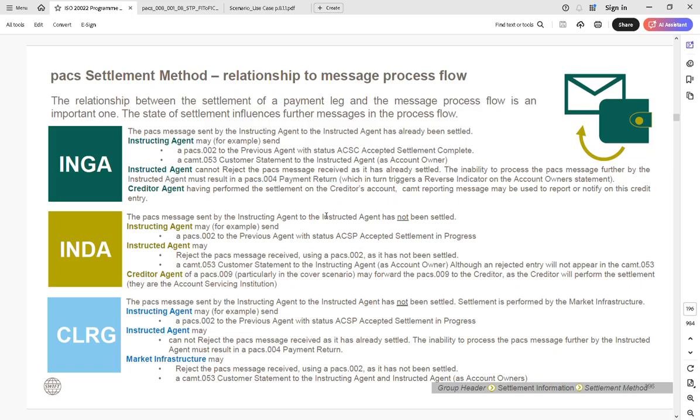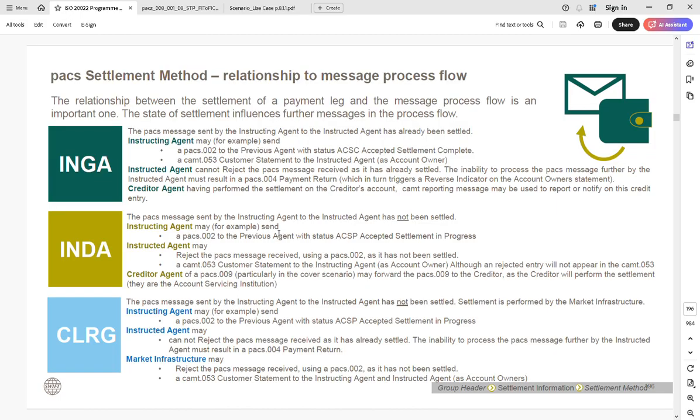This is very critical and tough to understand now. But if you get a chance to work on this payment method in your career, you have to understand that if the payment has been settled by INGA, your instructed agent INDA cannot reject the payment, only send it back using the return payment PACS004 message. These are the business rules for your instructed agent.